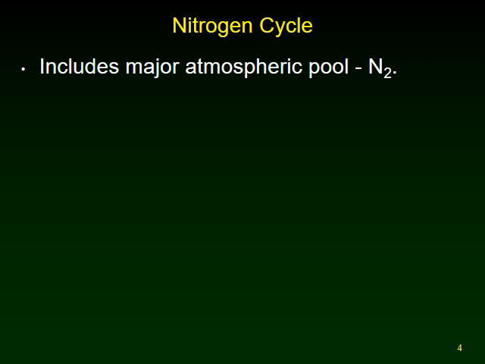And this is a very energy demanding process whereby N2 is reduced to ammonia, NH3, and once this N is fixed, then it becomes available to organisms. Upon the death of an organism, the nitrogen will be released by decomposition due to fungi and bacteria.